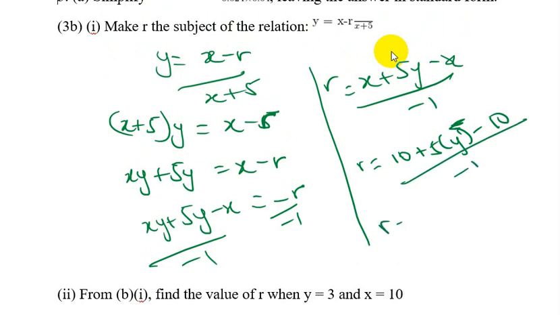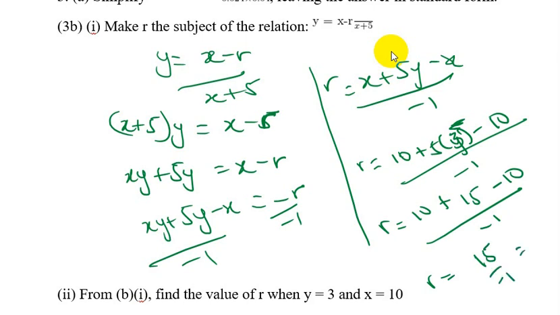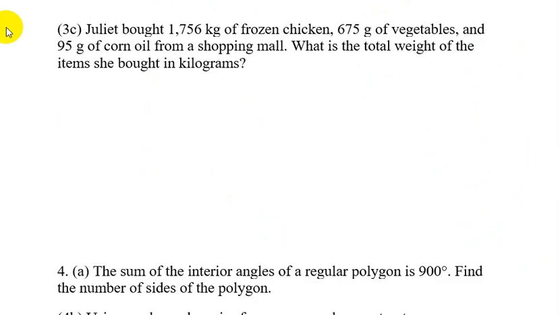So r equals 10 plus, y is 3, so 15, minus 10, all on minus 1. So 10 plus 15 is 25. 25 minus 10 is 15. So we get 15 over -1. That is minus 15. Simple like that.